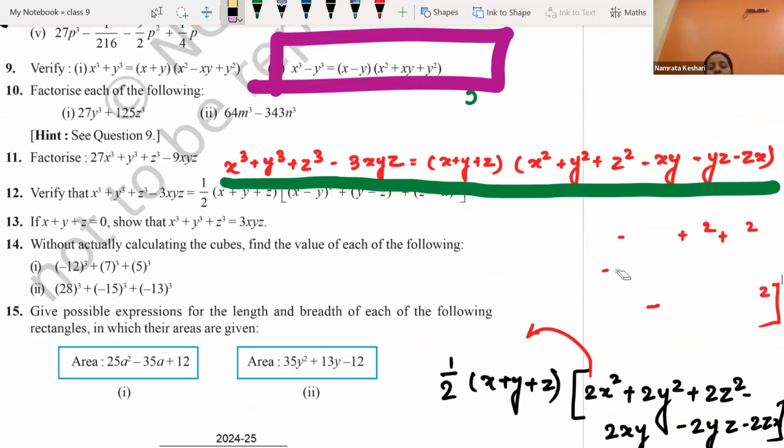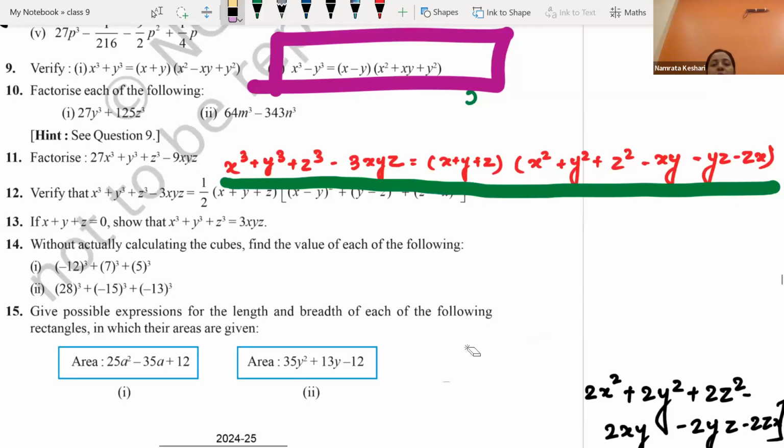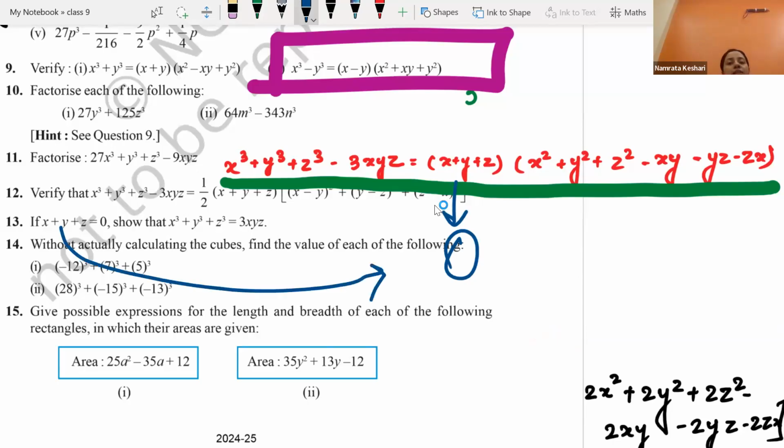So are you realizing in the formula, if we put 0 in place of x plus y plus z, it is given that x plus y plus z is 0. So you are putting 0 into the complete bracket. So are you realizing 0 into anything is just 0?